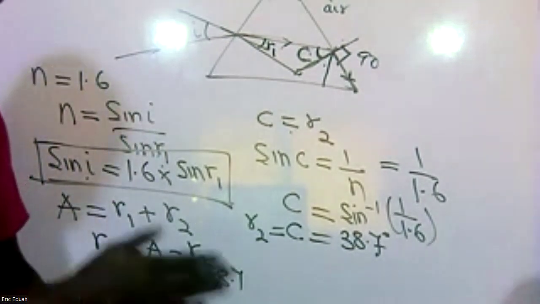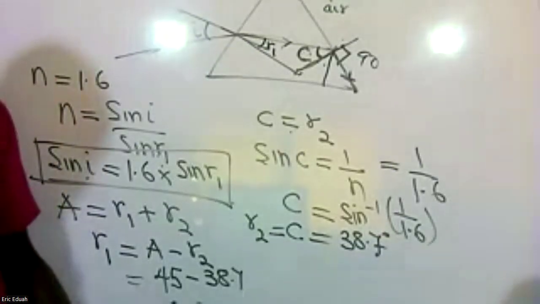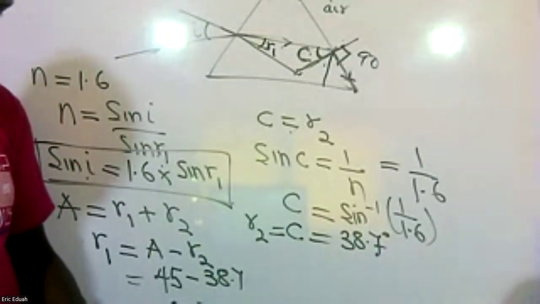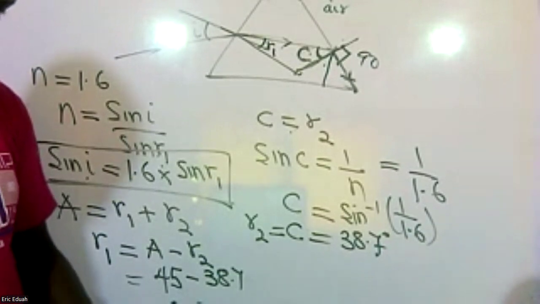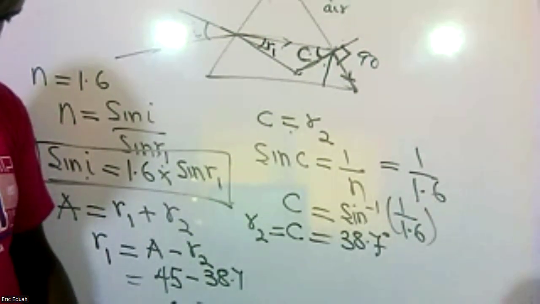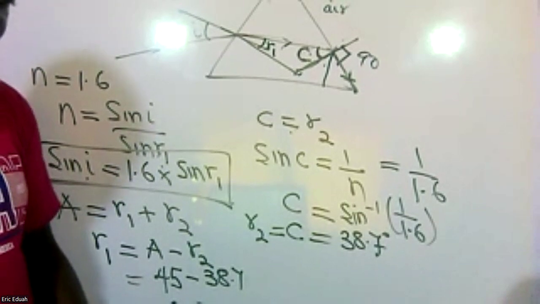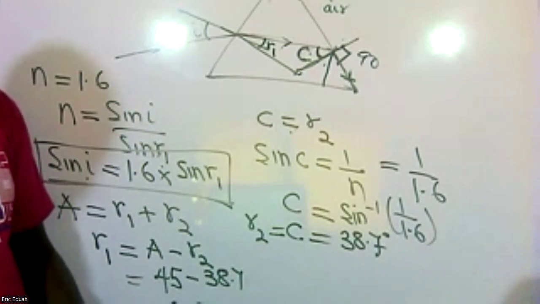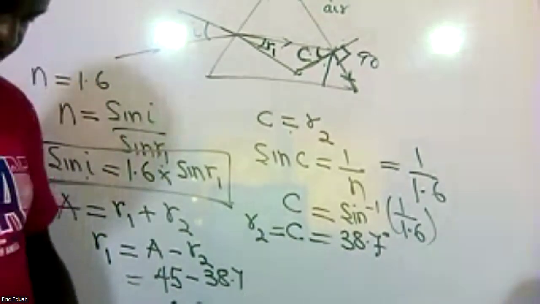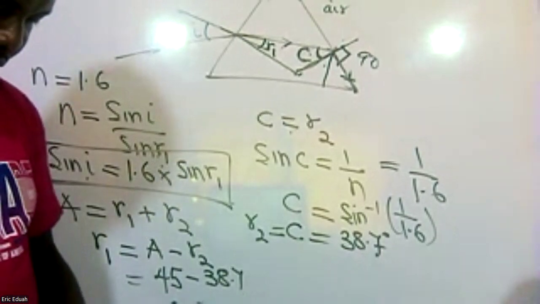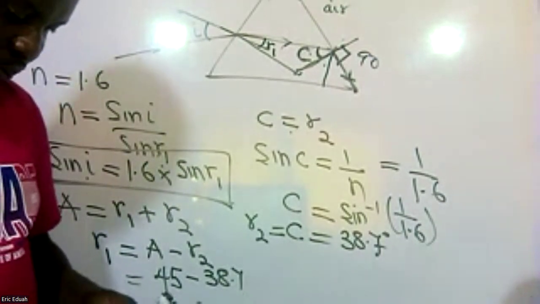Having gone through all that we've done, this must be so easy. It's a 2024 paper on refraction of light in a triangular prism. That is your assignment. Please take notes. It's a very simple question. We've solved more difficult ones than this one. So I expect each one of you to give it a try, please.